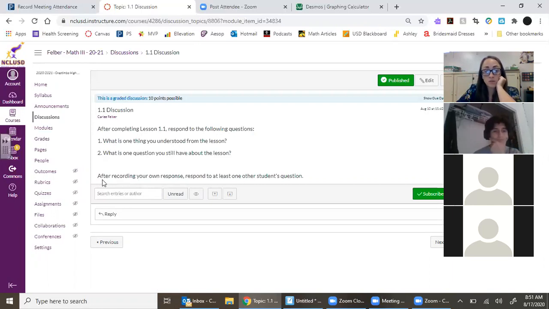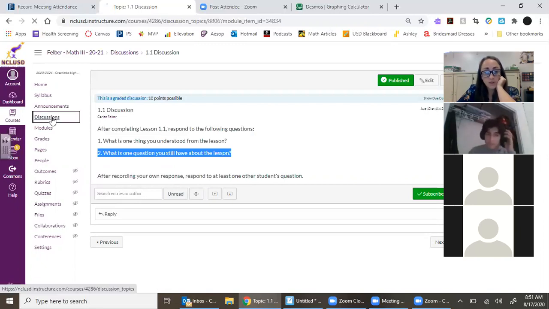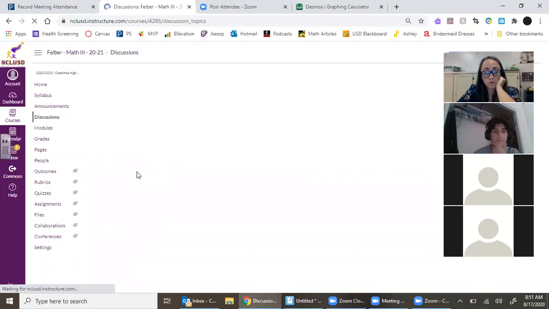Jot those down, and then make sure that you respond to somebody else's question. So maybe somebody put, what does inverses mean? And let's say that's something that you understood. That could be something that you respond to. Those are the only 2 things for homework.